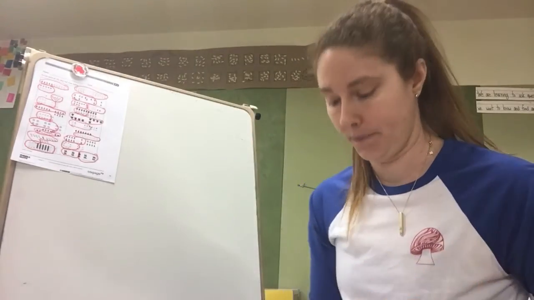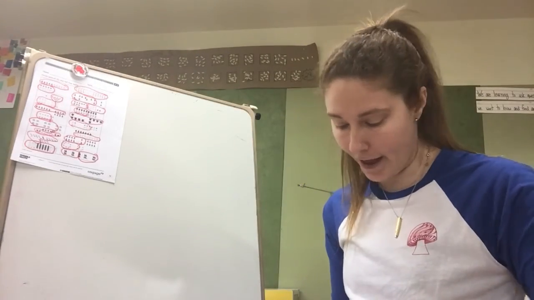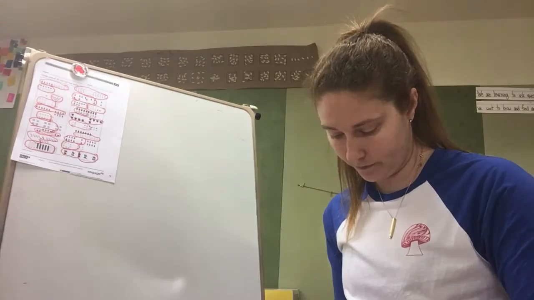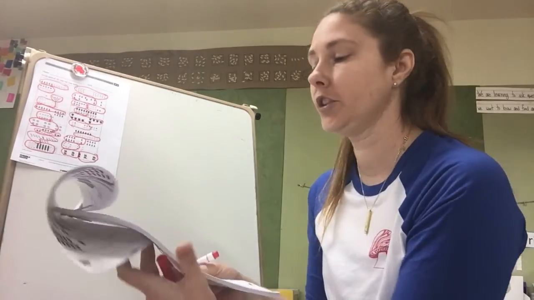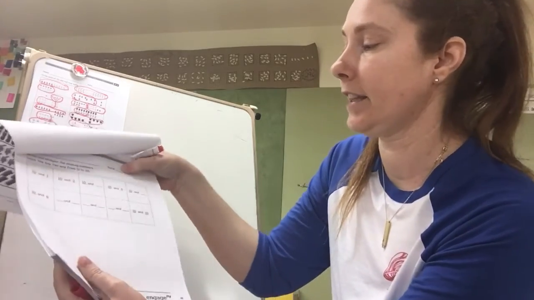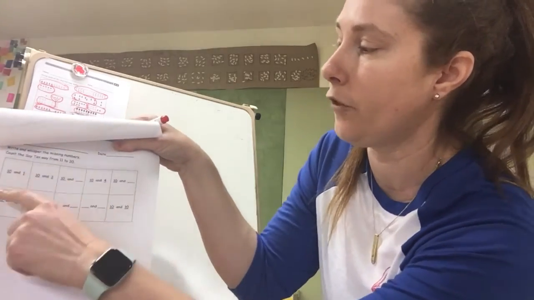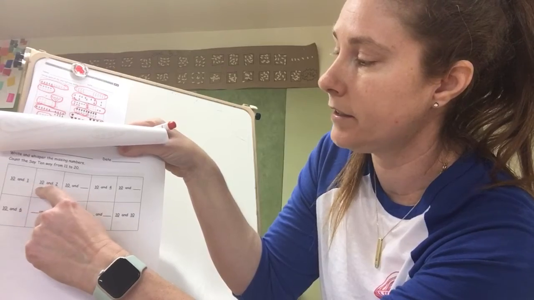Okay, awesome. Now on page 68, or the next page, yeah, 68. You just fill in the sentences. And the first couple, there's some done for you. 10 and 1, 10 and 2.